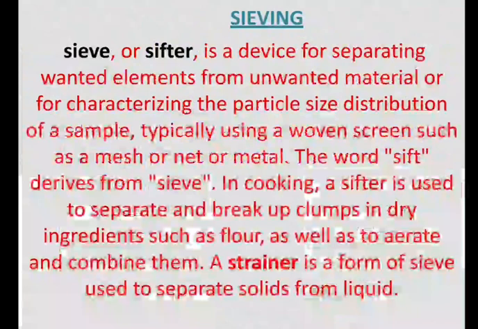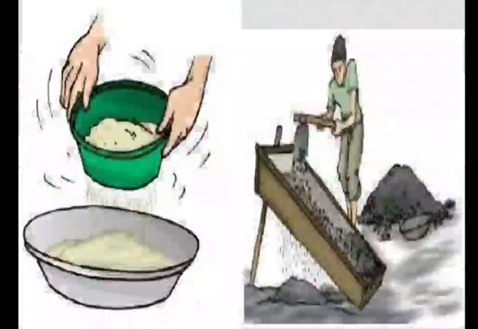So this process is known as sieving, and it allows the fine particles to pass through the holes of the sieve while the bigger impurities remain on the sieve. See this example here, picture. This is an example of a sieve. It is allowing the fine, minute particles to pass through the holes of the sieve while the bigger ones, which cannot pass through the holes, remain.